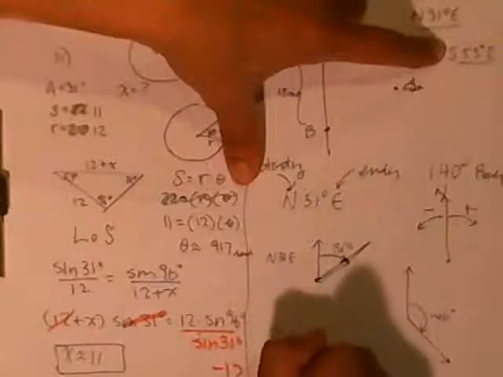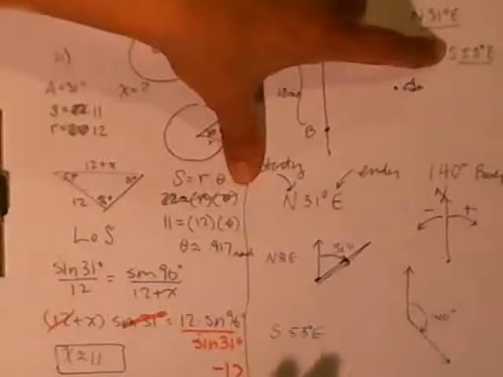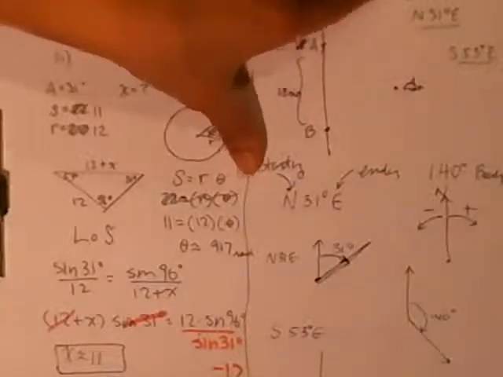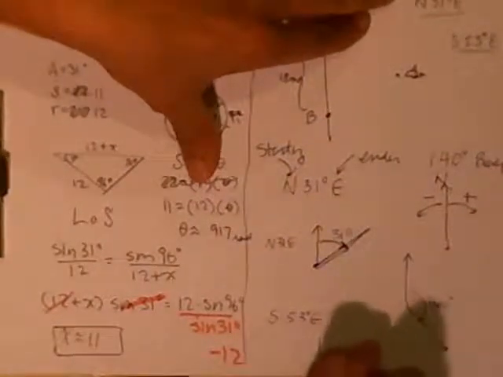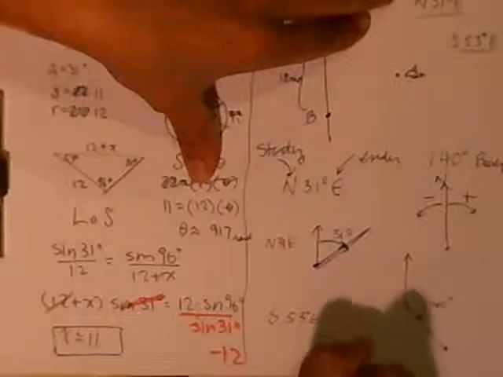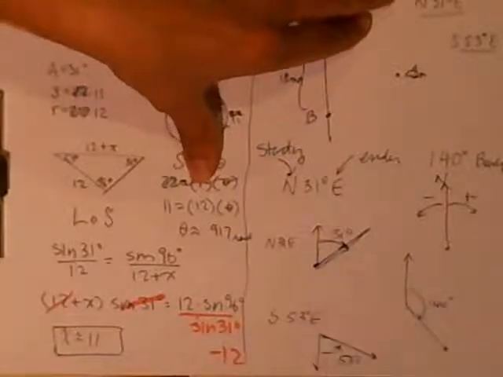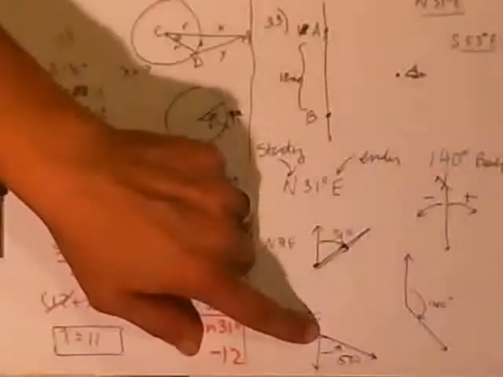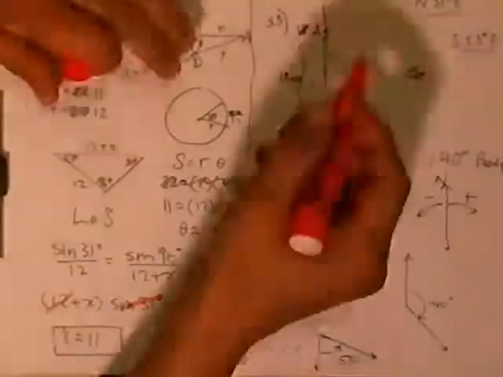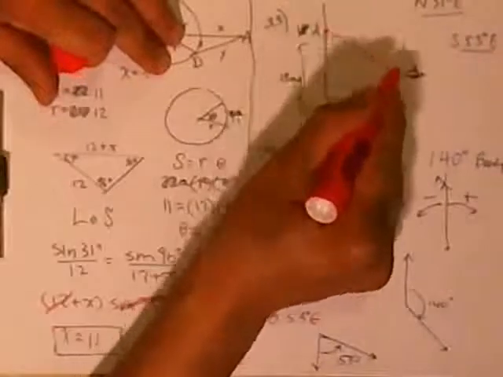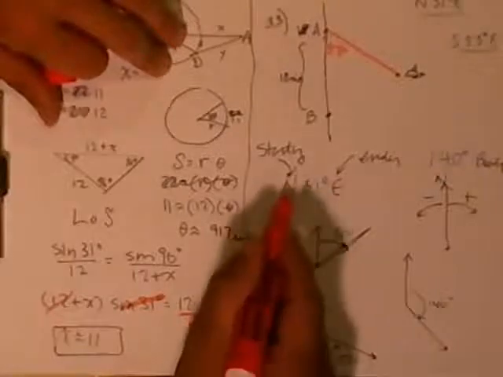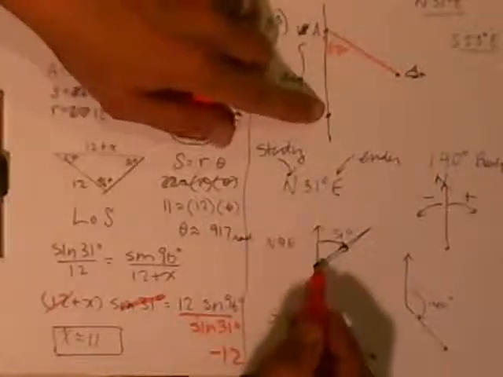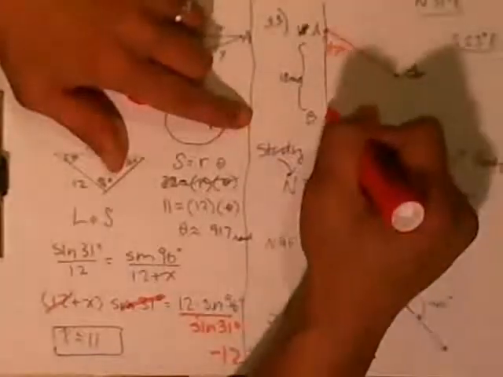Starting at south, you're going 53 degrees east. East is that way. Let me draw this out. You're going east 53 degrees, and there it is. That's your final position. That's 53 degrees, and north 31 degrees east, starting at north, going 31 degrees east.